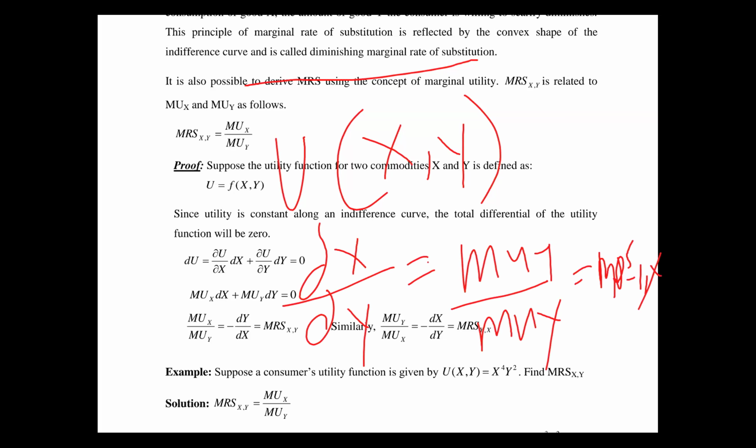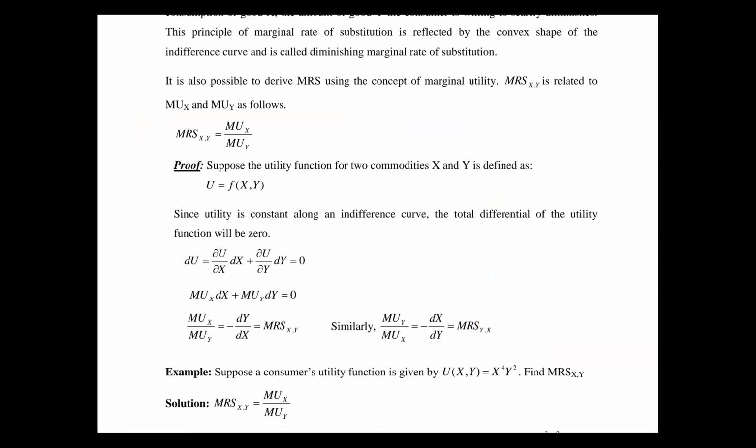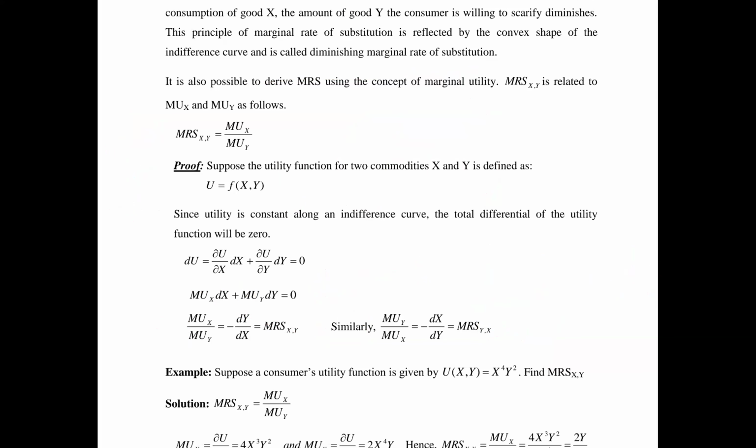And if you do the reverse, you can say dy dx. This is the marginal utility of x divided by the marginal utility of y, and this should be equal to the marginal rate of substitution of y comma x, meaning substituting y against x.